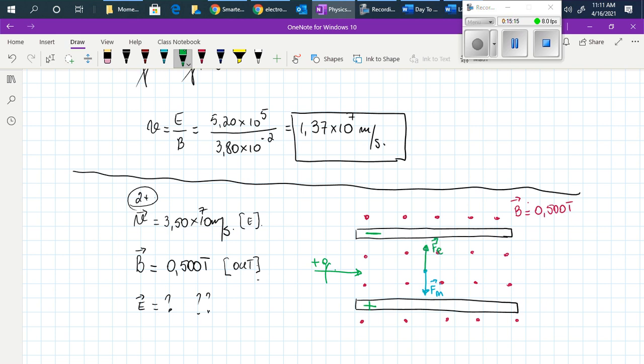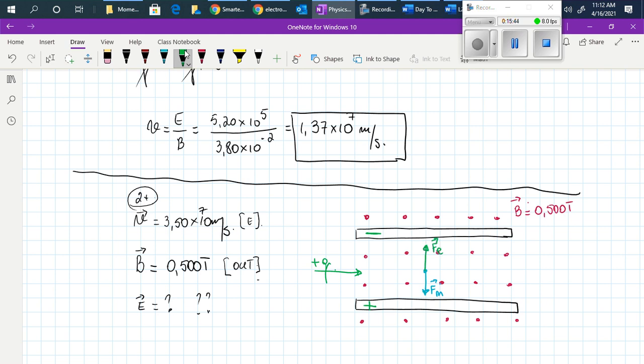Therefore, your palm, which is going down, will be the magnetic force. Now, we define the magnetic force. Since the object is moving undeflected, that means that the electric force is going up in the opposite direction of the magnetic force. So this is why we drew the electric force up.